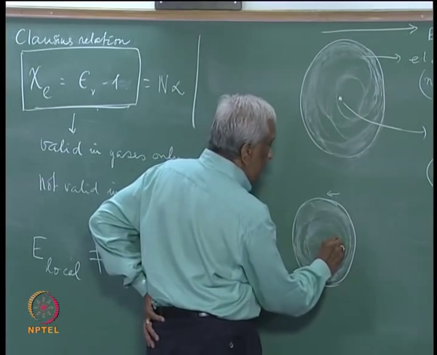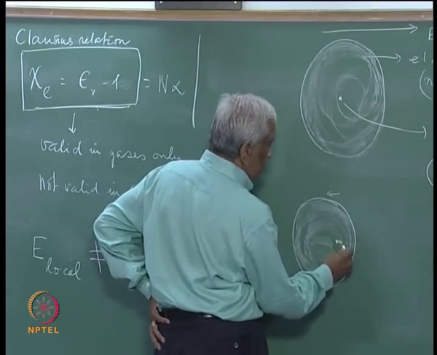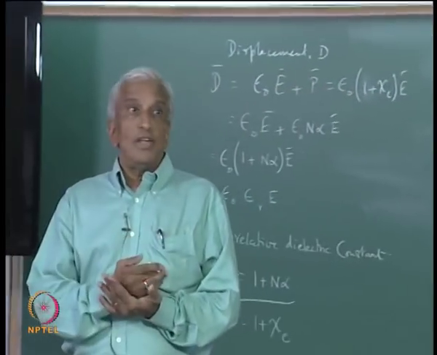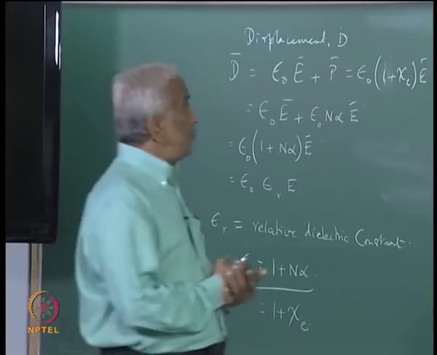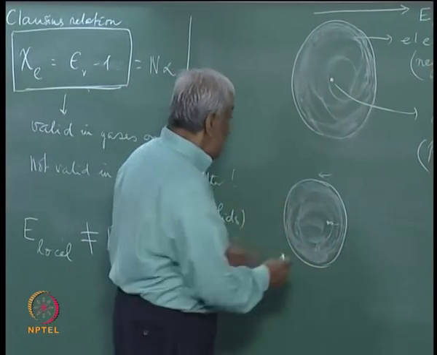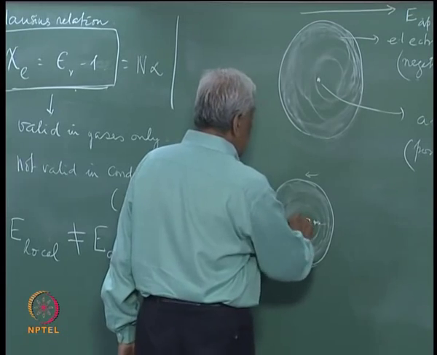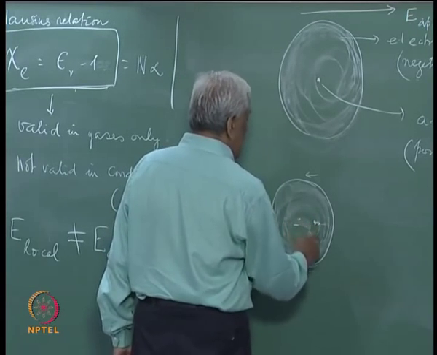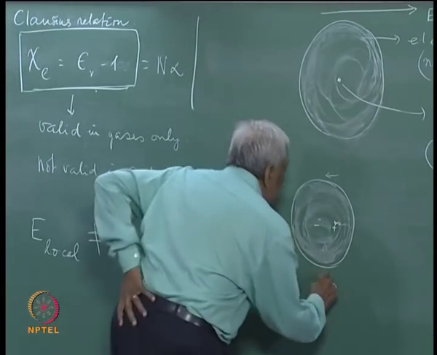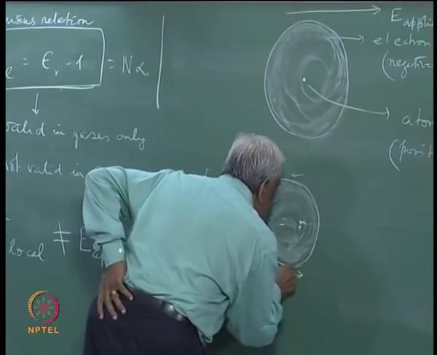This is the nuclear charge. So, this is displaced to a much smaller extent because the nucleus is much more massive, therefore, it gets displaced to a much smaller extent, but still what is happening is the center of the negative charge and the positive charge here, there is a relative displacement.